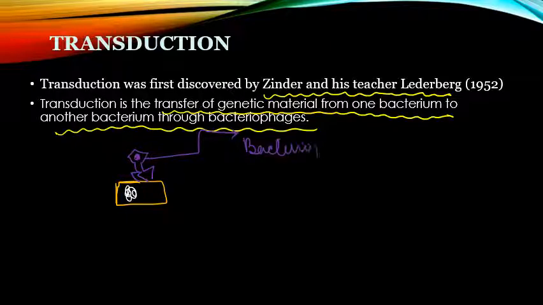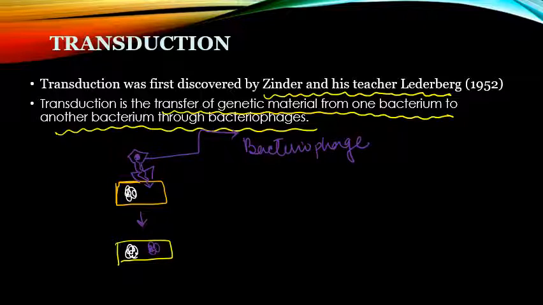Now what will this do? The bacteriophage will release its nucleic acid inside the cell. So inside the cell, apart from the bacterial chromosomal DNA, there is the presence of bacteriophage DNA.